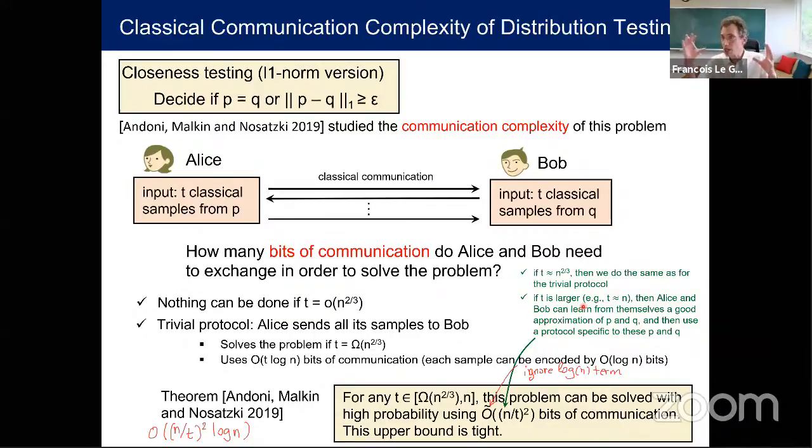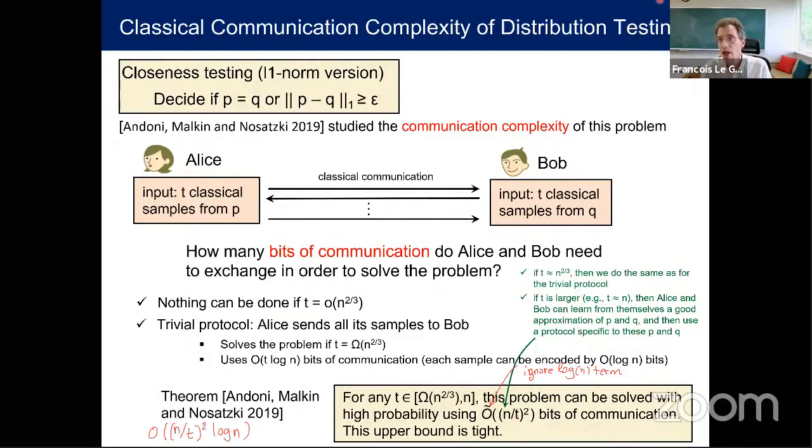If you have a lot of information about your distribution, you can do clever things. So if you have much more than the information theoretical threshold of n to the 2/3, you can do very non-trivial things and obtain fast protocols.